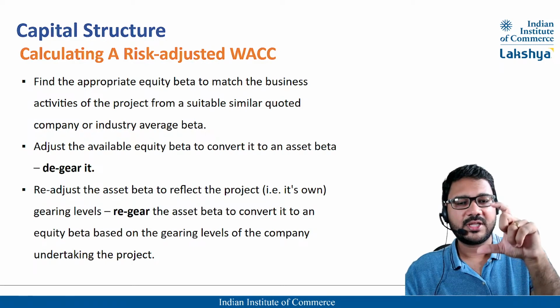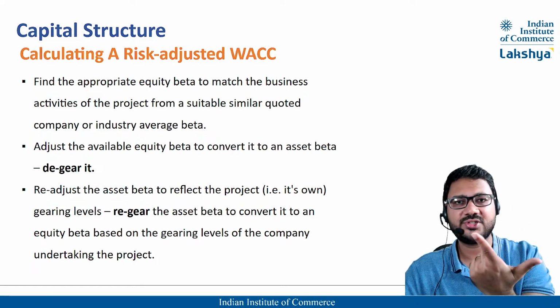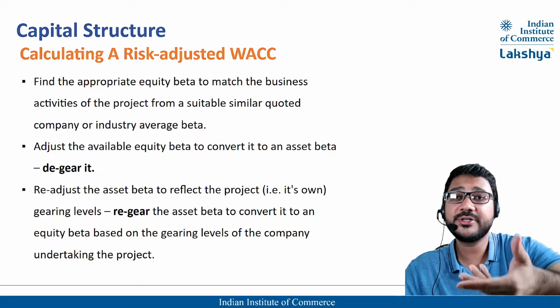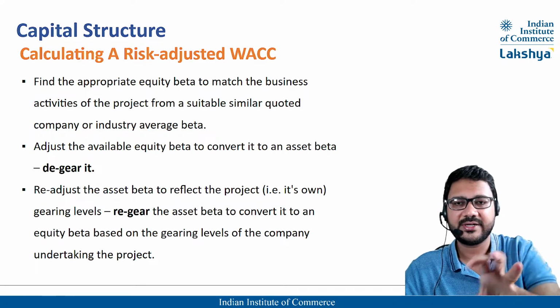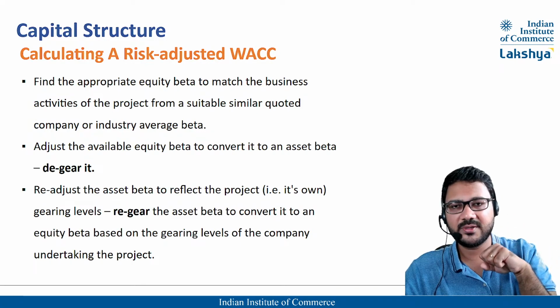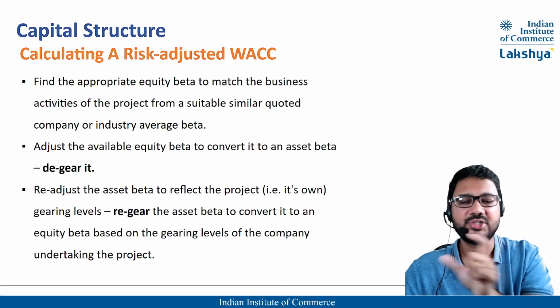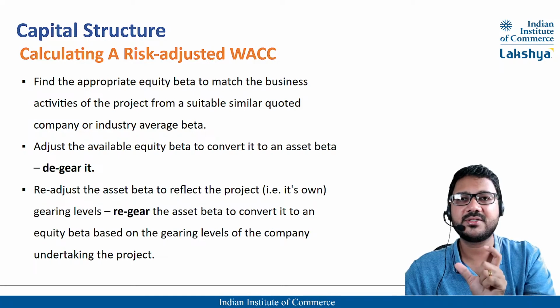Okay. Now that beta includes both business and financial risk. So you de-gear it first. That is, you are removing the financial risk out of it. Okay. So now you are left with asset beta of the industry or of that similar company. Okay.